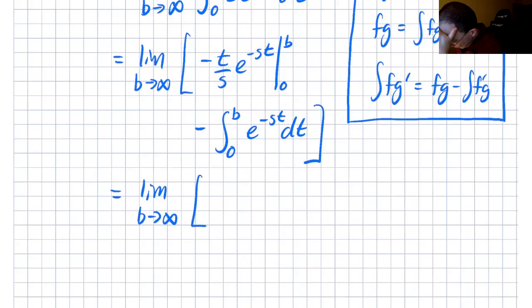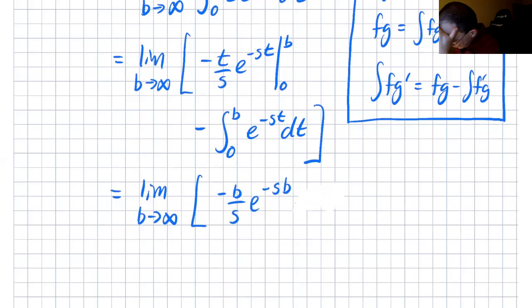Let's evaluate this first term here. We have negative b over s, e to the negative s b, minus the value at 0. If I plug 0 in, I'm just going to get 0, so the whole thing becomes 0.